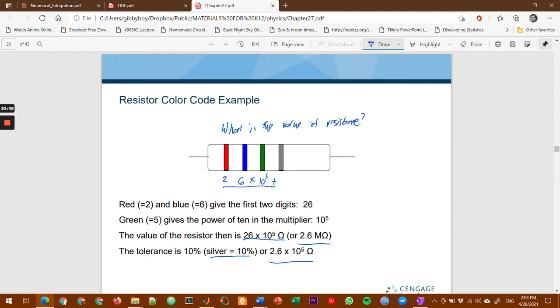Ihang tolerance. So that's 2.6 times 10 to the power of 5. Okay, so this is ohm. So that's how you read the typical resistors nga iyang code niya.